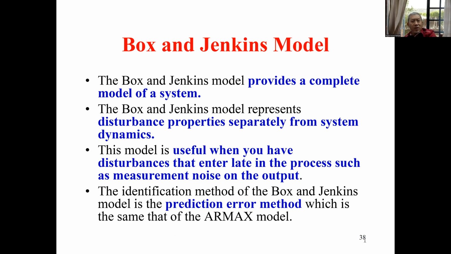It provides a complete model of the system. The Box and Jenkins model represents disturbance properties separately from the system dynamics. It is useful when you have a disturbance that enters late in the process, such as measurement noise on the output. It still uses the prediction error method, as for the ARMAX model.